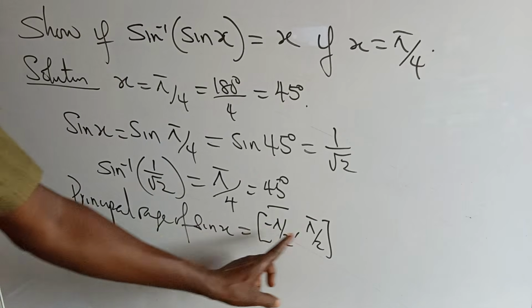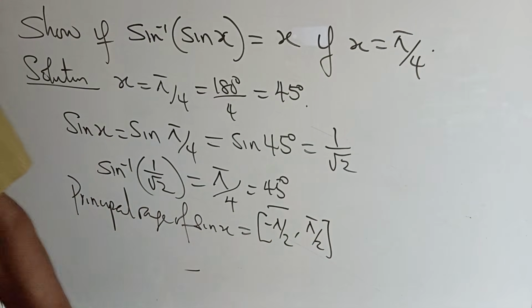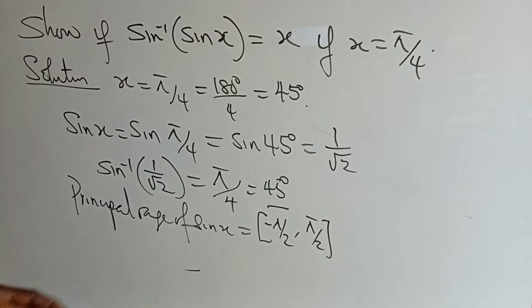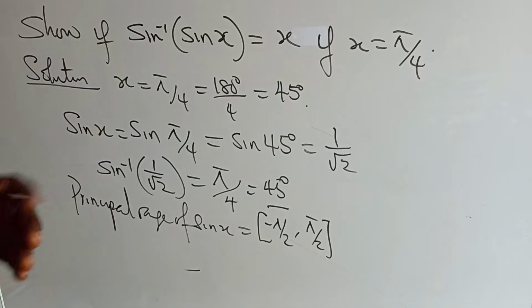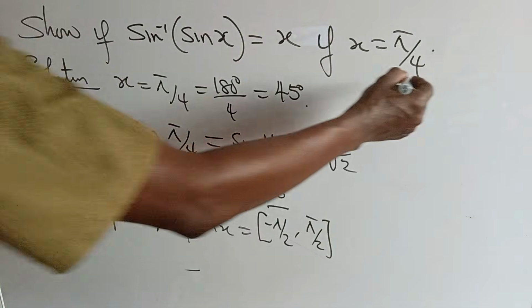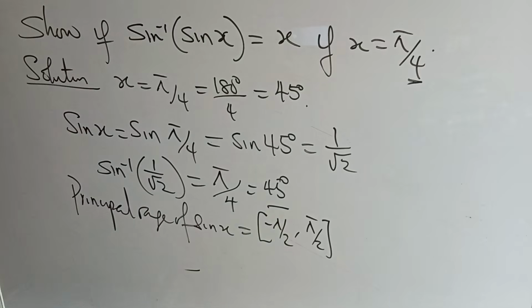And if it is in between the two ends of the closed interval, it is still going to satisfy the property. So for this reason, this property is satisfied because pi over 4, which happens to be the value of our x, is within the principal range of sine x.